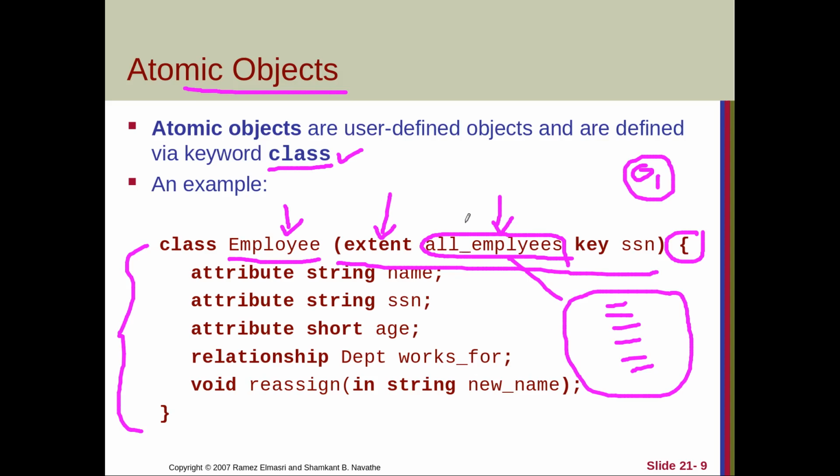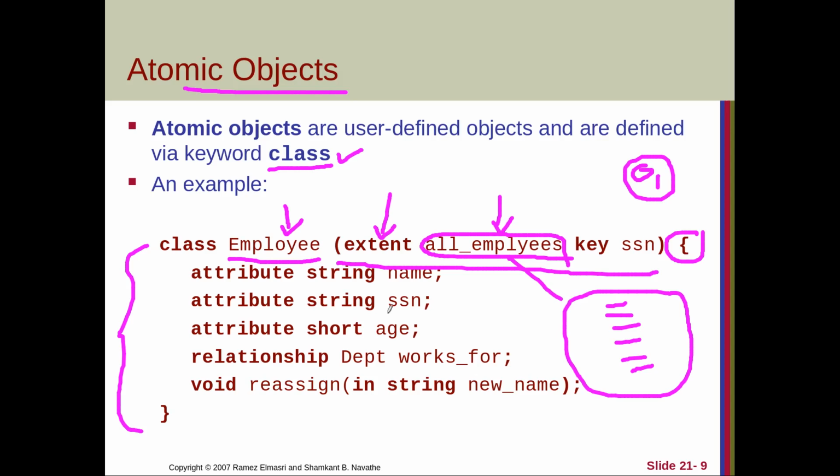So an extent name, or it can also be called a persistent name, is given for the entire set of employees. Whatever employees we create under this class employee, all the objects will be under a single name, all employees.